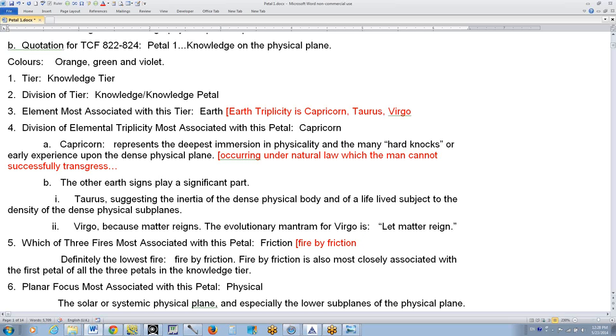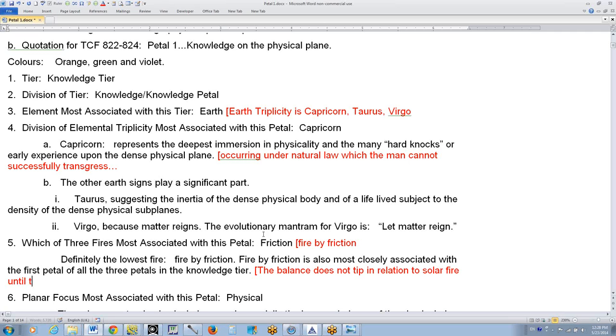And really, we don't get out of fire by friction until the balance tips in relation to solar fire, which happens in the latter work in the 5th petal process.